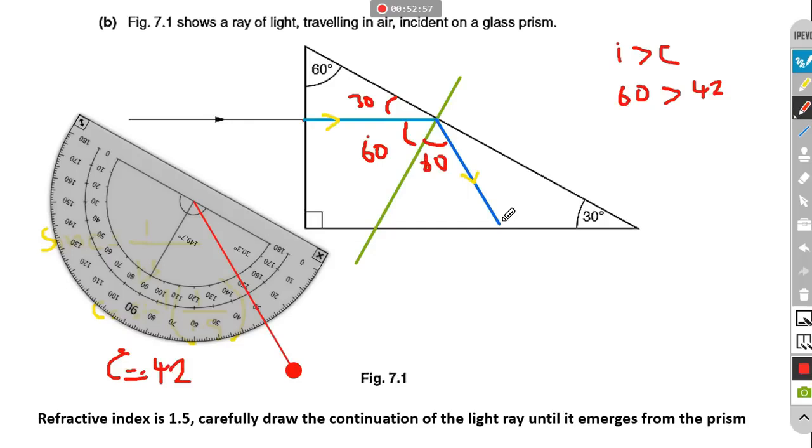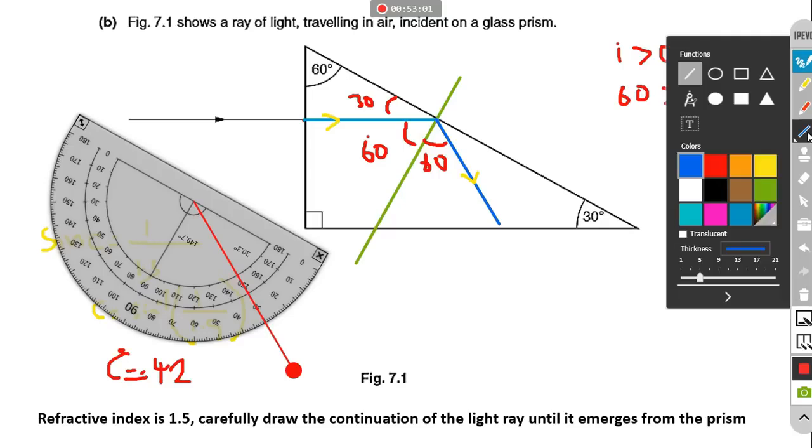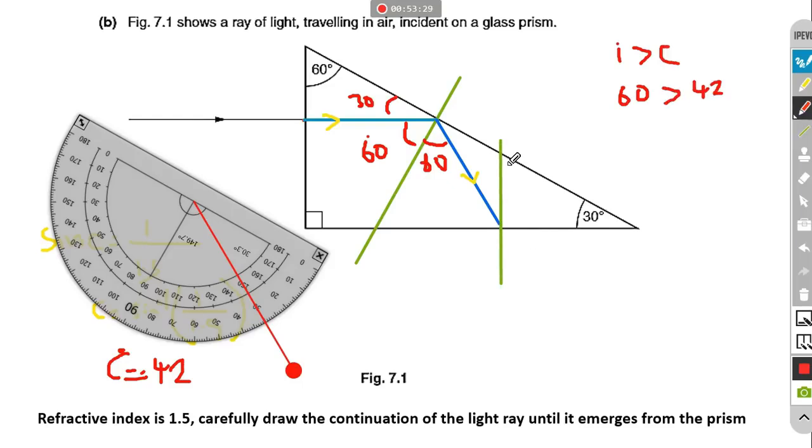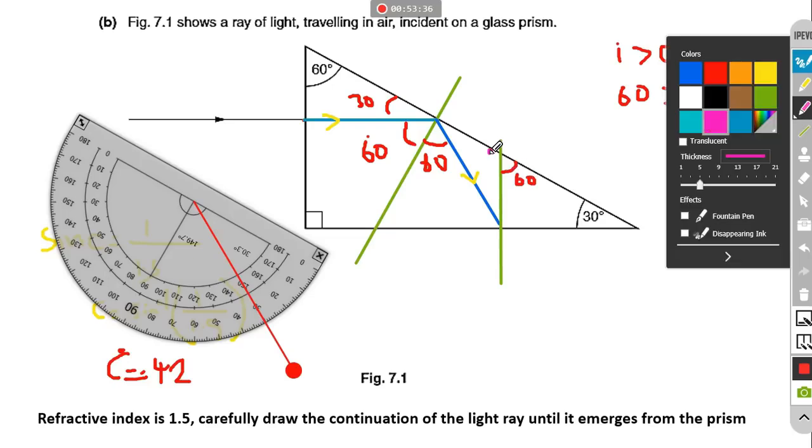So now at this point, still we don't know, maybe it would internally reflect or it would continue to refract. We don't know yet, but we can know. Draw the normal line, and first of all we need to find this angle. So I'll extend the normal just to show you how we can find it. Since this is 30, definitely this should be 60 degrees, and since this is 60, definitely this is 120 because it's a straight line, and this is also 30 because the whole thing should be 90.